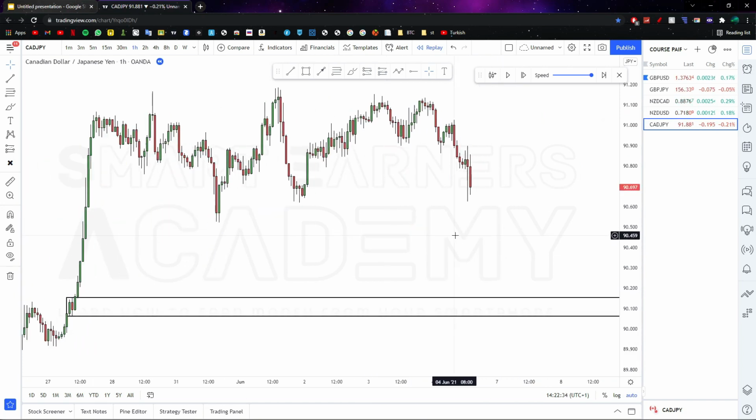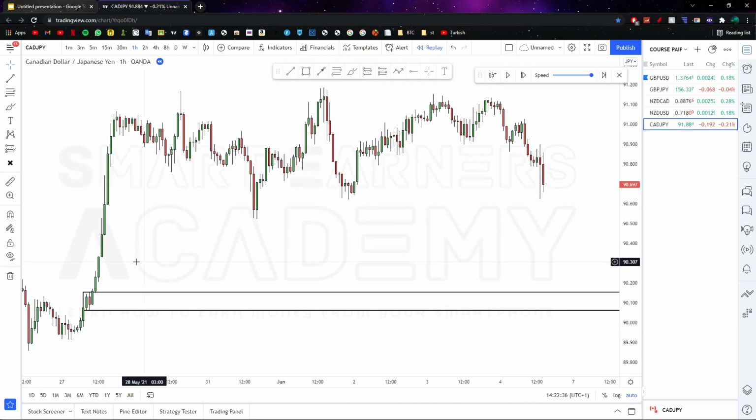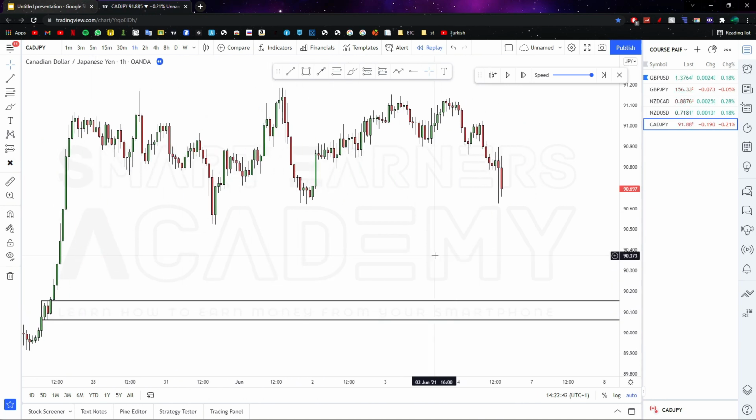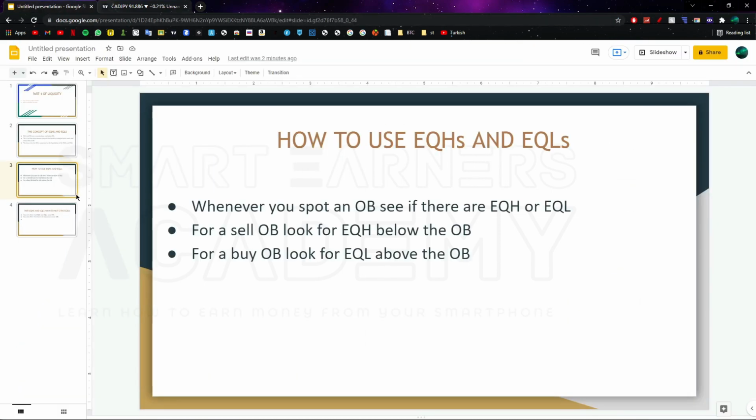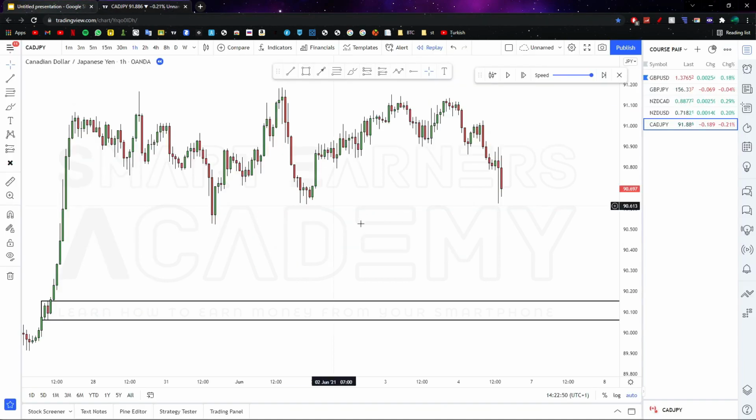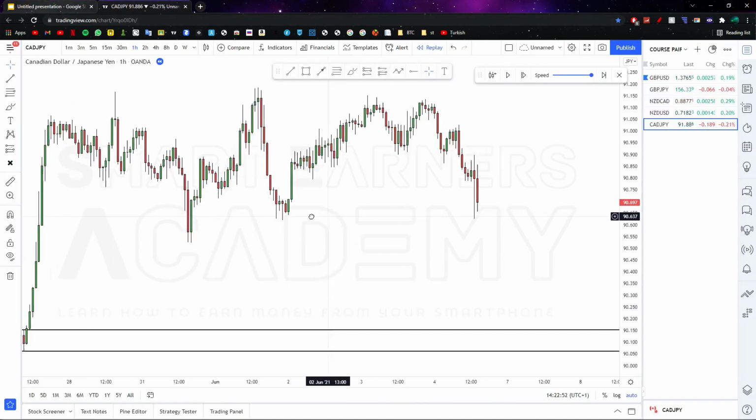So if we begin with understanding, first of all, we are looking at a buy order block at the moment. So what we're going to be looking for is equal lows above this zone, right? So if we refer back to here, for a buy order block, look for equal lows above the order block, right? So we're going to be looking for equal lows now.